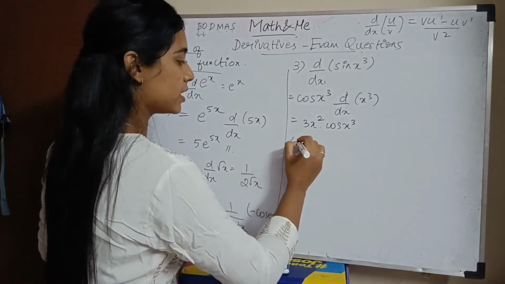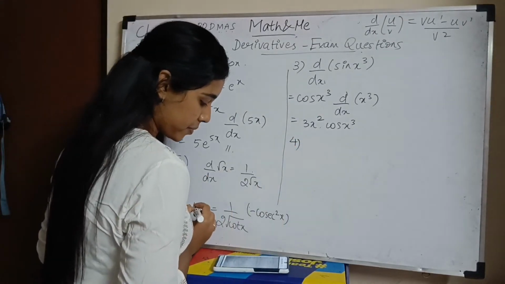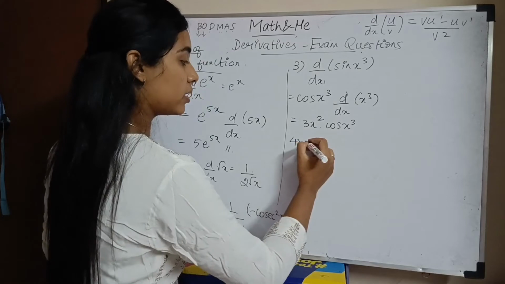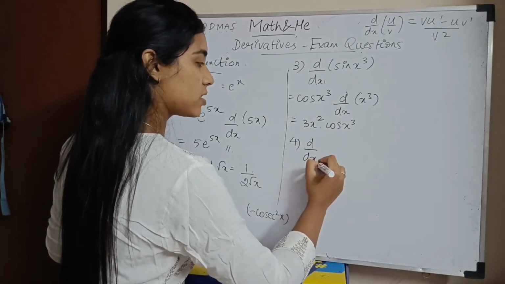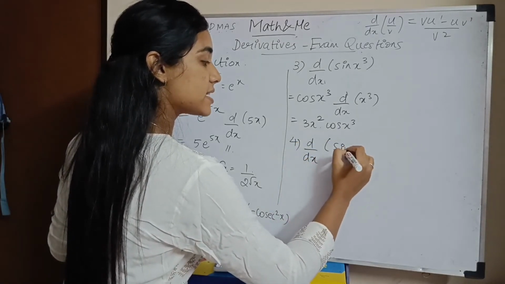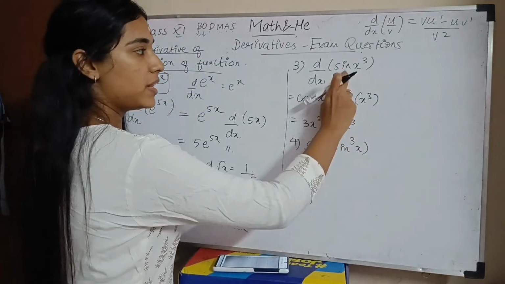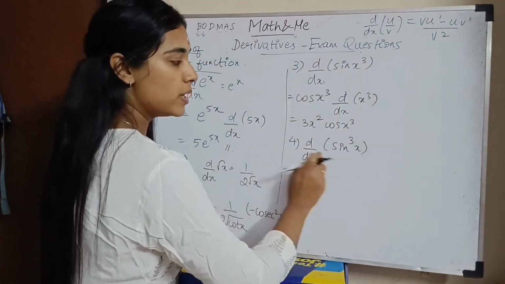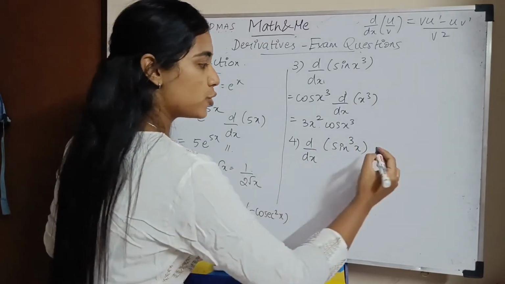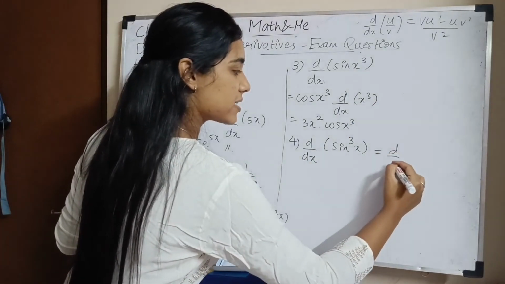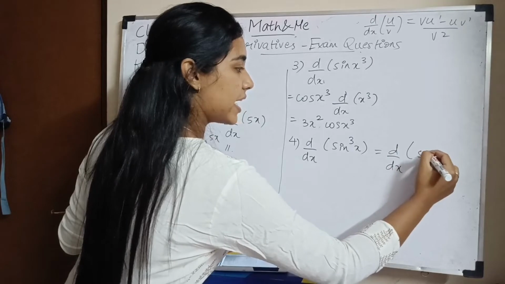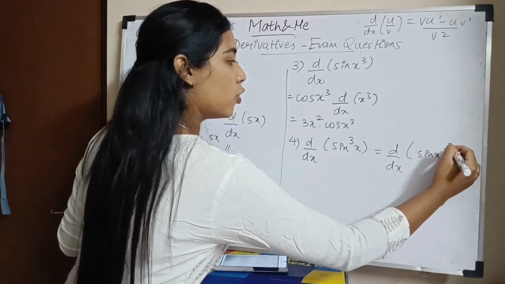Okay. Next question. d by dx of sine cube x. So do you understand the difference between these two? This is sine x cube. This is sine cube x, which means it's d by dx of sine x the whole cube.